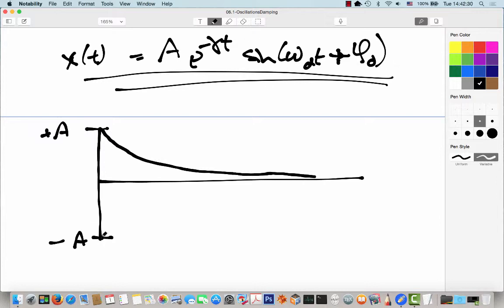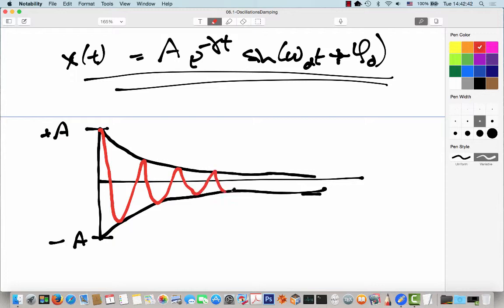So I'll just kind of draw in a matching envelope over there. And then the actual motion is going to look something like that. So our oscillation is occurring within this decaying envelope.